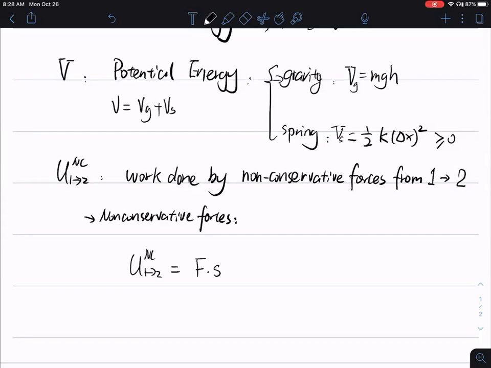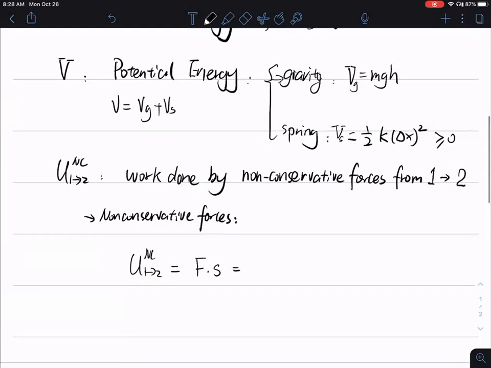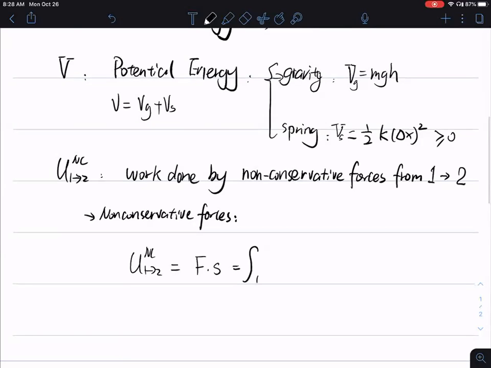And your textbook also writes that the work done by non-conservative force equals the integration from 1 to 2 of force vector times et hat ds. So it's the integration over distance.